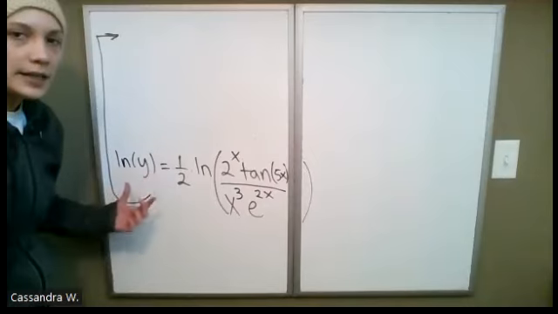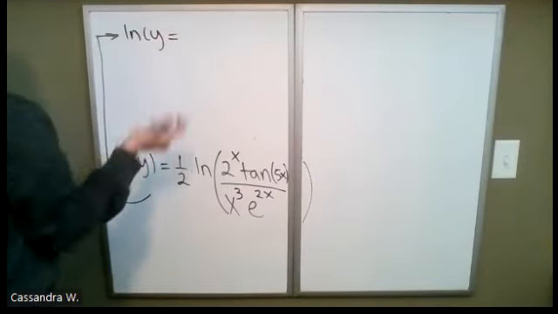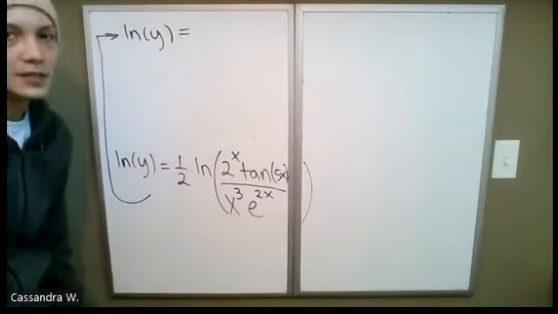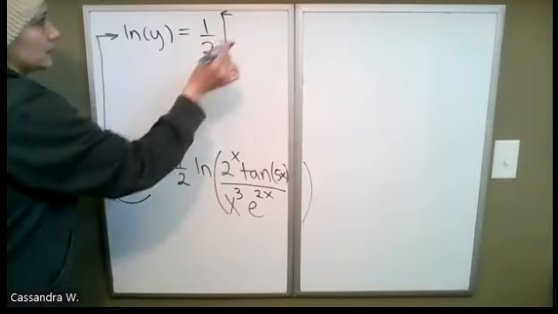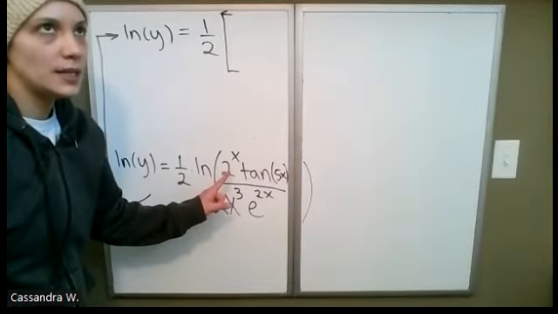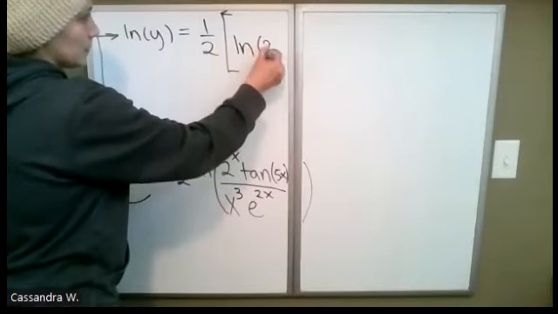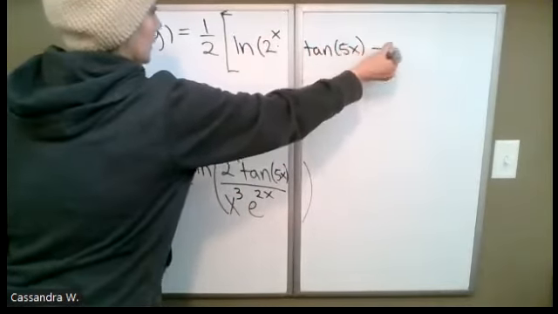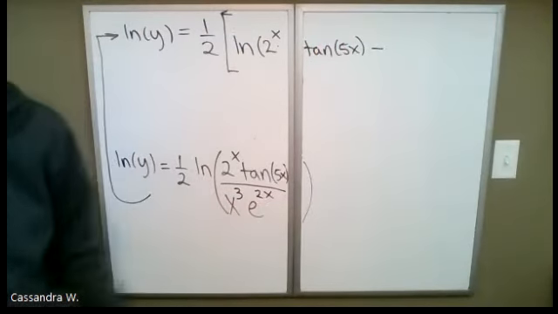Let's copy down this side, ln of y. It's equal to 1/2 times, okay, we got an ln of 2 to the x times tangent of 5x, minus ln of x cubed times e to the 2x.